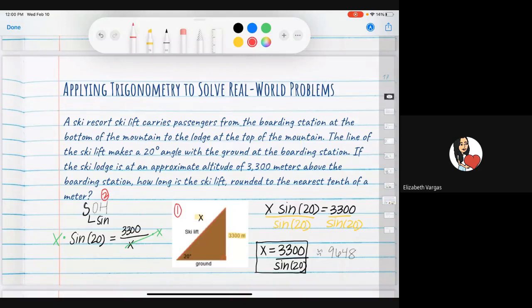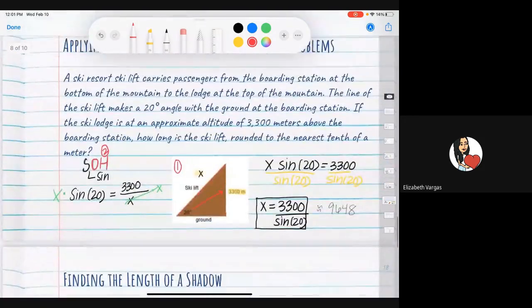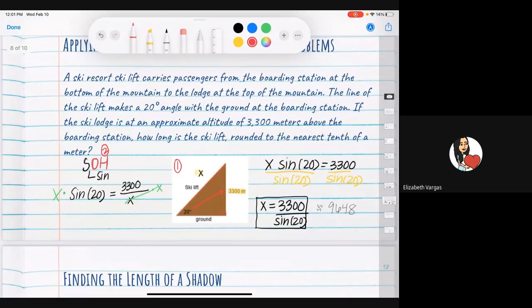And what I'm looking for in this instance was the hypotenuse, but I did have the opposite of my acute angle right here. And so that let me know that I could use sine. So I plugged the information into sine, and then I need to isolate my x. So that is the process I'm doing here, and then I end up with my equation here.